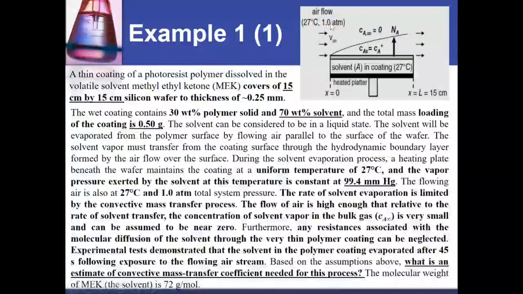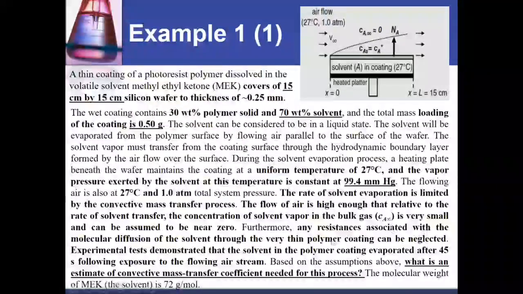Since the flow is fast, this is almost coming pure, and you're evaporating very little solvent into a large quantity of fast-flowing air. So we can assume that Ca infinity is 0. The concentration of A in the bulk of air is 0.